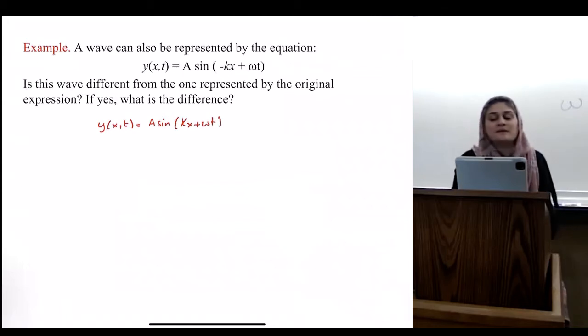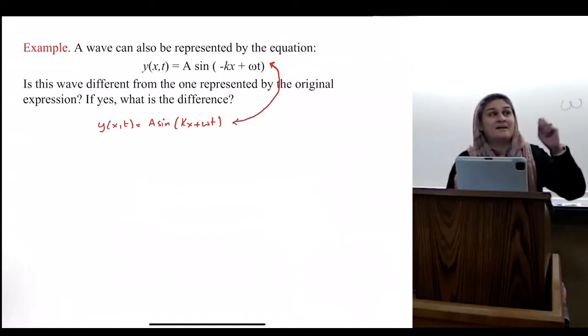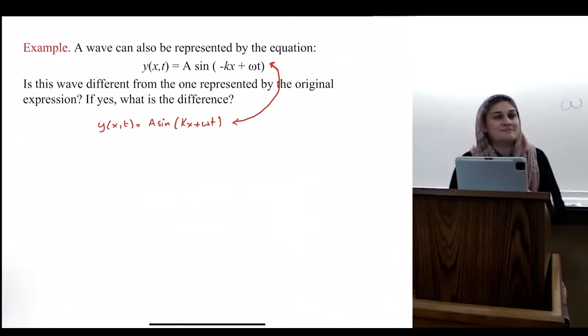What's the difference between this and this? Aha, what does that mean? So k cannot be negative, but x can be.